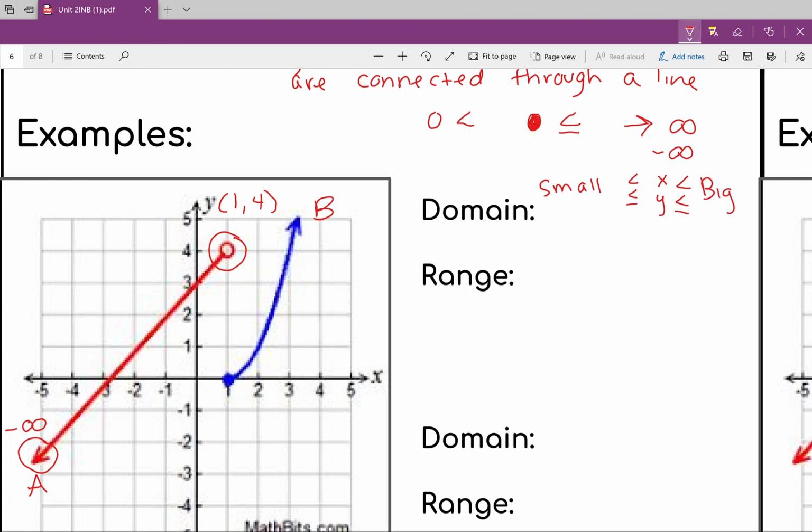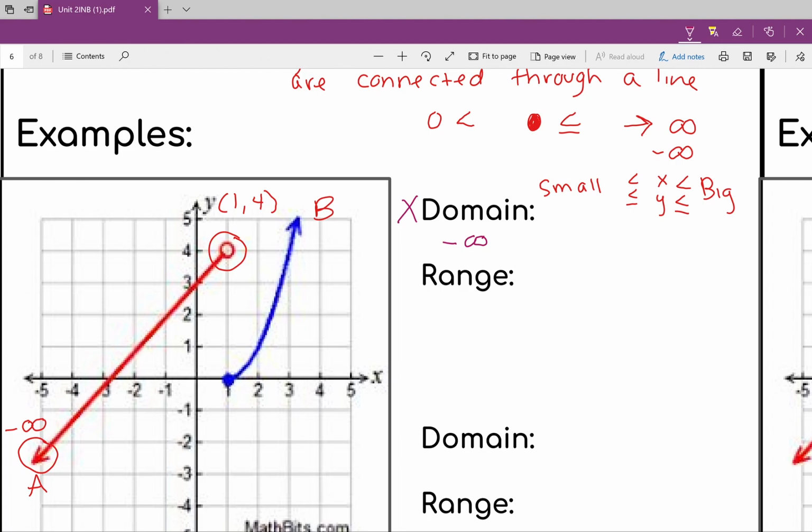Okay, so I'm going to change my color so we don't get confused on the actual work. First it says the small number. If we're looking at the domain, remember domain is the x's. So domain is going to be negative infinity and 1, because those are both my x values. Negative infinity is smaller, so I'm going to write negative infinity.